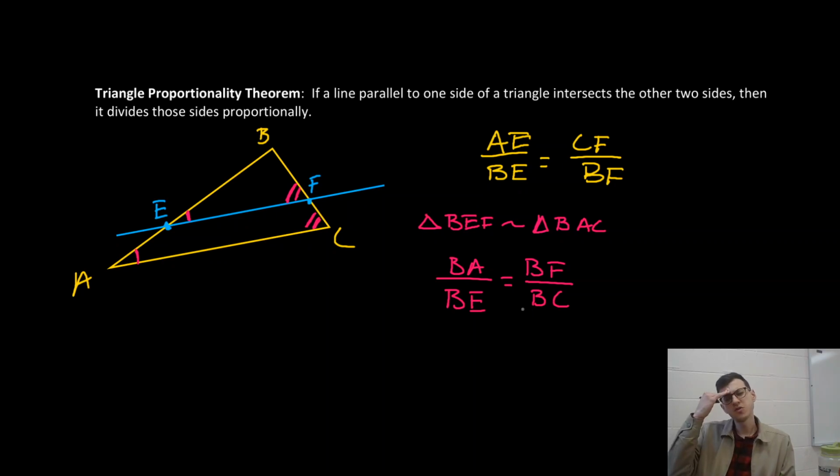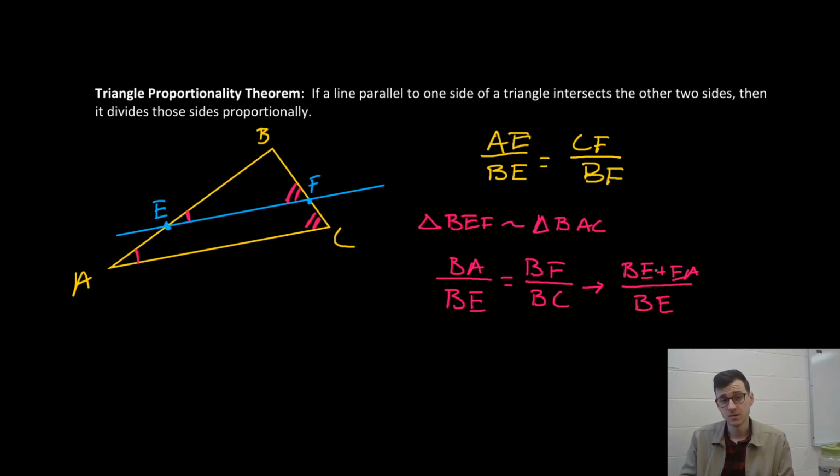Okay, why does that matter? Well, okay, hold on. BA is equal to BE plus EA. So BE plus EA over BE.